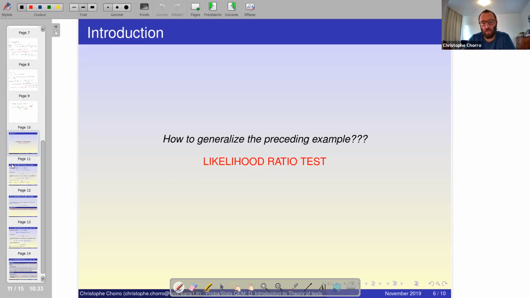It's what we call the likelihood ratio test. Let me remind you of the key point, the intuition behind this kind of test. It is based on something that I have done in the previous chapter, the chapter concerning estimation.